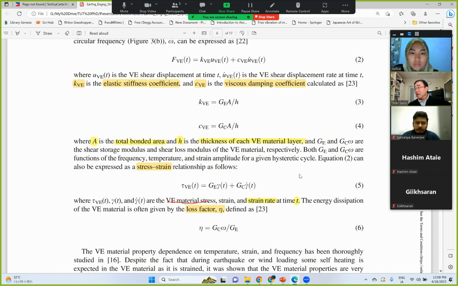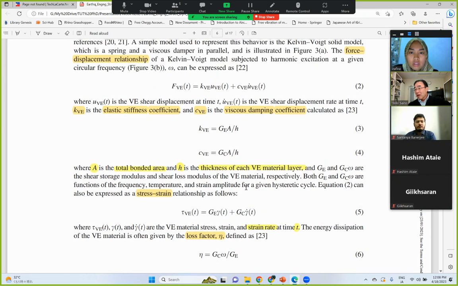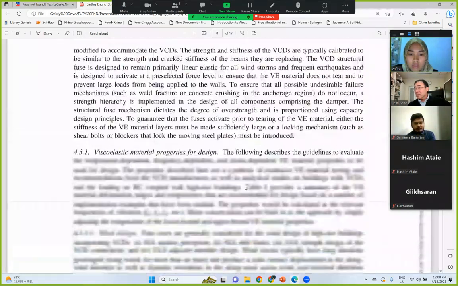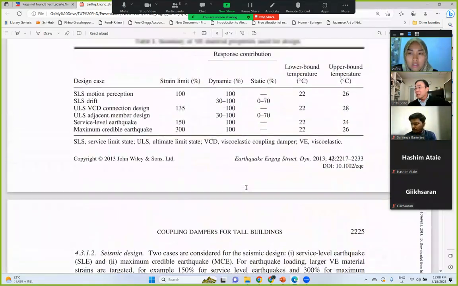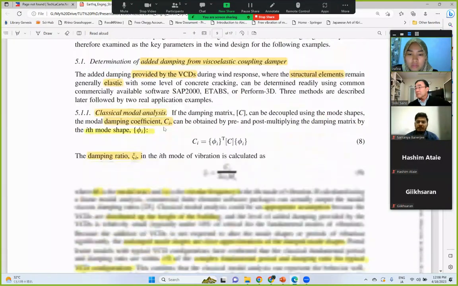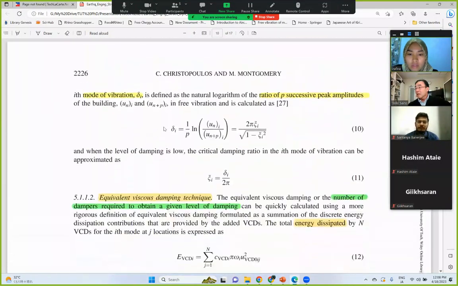Is GC a constant value? Where is the value of GC in the properties? Let me check. I saw it here in the table. GC.